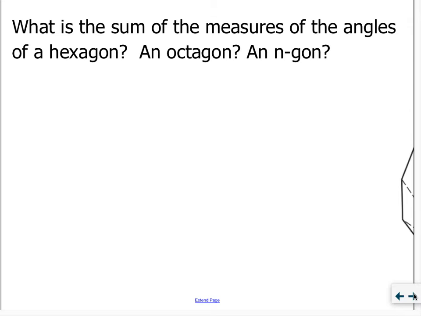Well, you're probably saying, what if I just add another 180 onto it? Or an octagon, well, I'll add a couple of 180s onto it. We want to generalize it. We want to call it, say, an n-gon. So the idea here then is, what's the relationship between the number of sides a polygon has and the number of triangles that can be formed by drawing diagonals from one vertex?